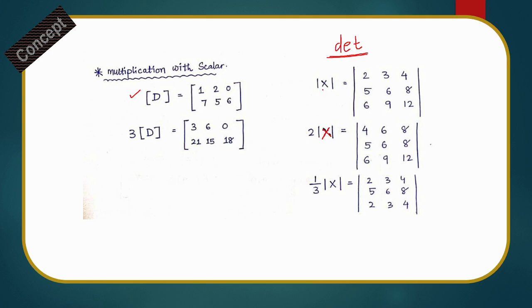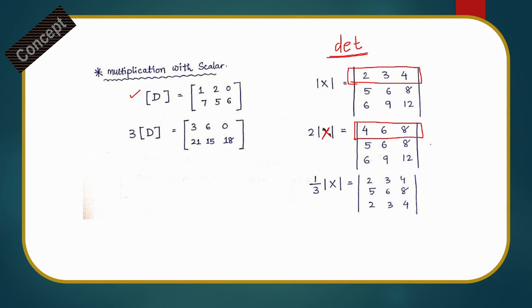You can see determinant x is represented as the determinant of 2 3 4, 5 6 8, 6 9 12. So 2x is represented with the row 4 6 8. See, only this row is multiplied with the scalar 2, not all the elements.